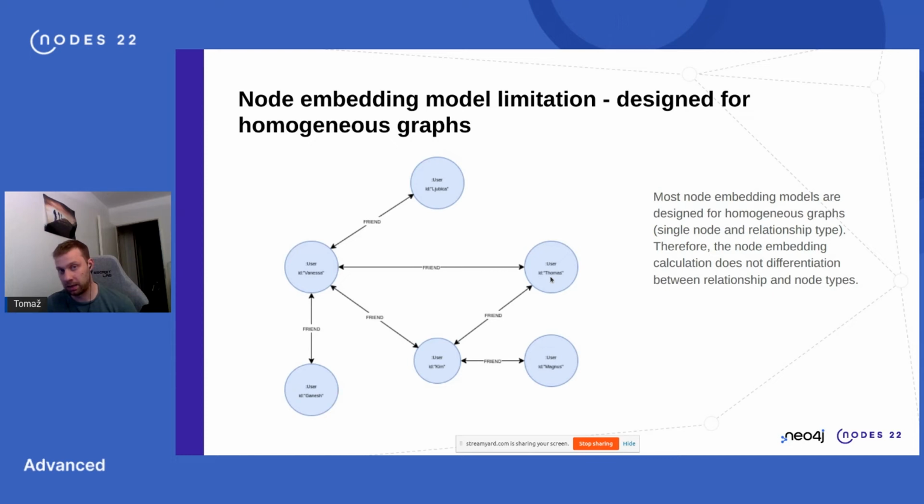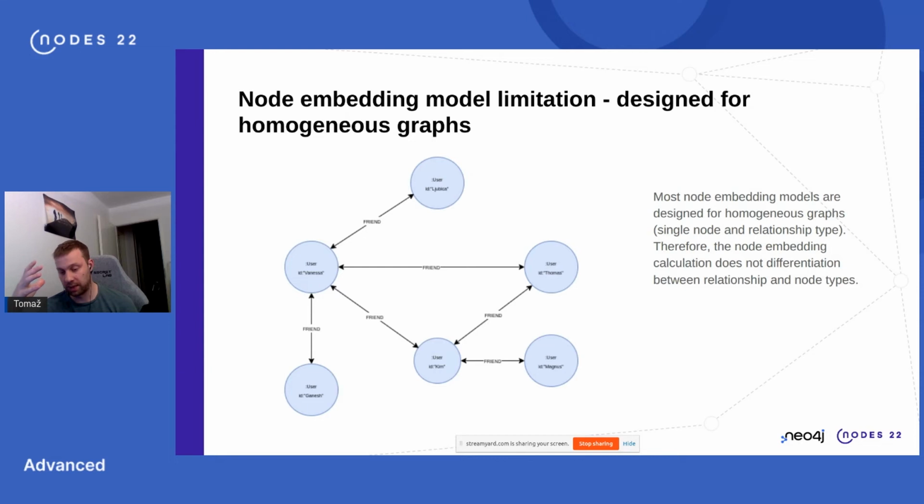But what I haven't mentioned is that in all these examples, I've used a homogeneous graph. So basically a homogeneous graph has a single node and a single relationship type. Here in this example, we've got only users and friends, right? So it's a friendship network of users. And node embedding models do not differentiate between various relationship types. They just treat them all the same.